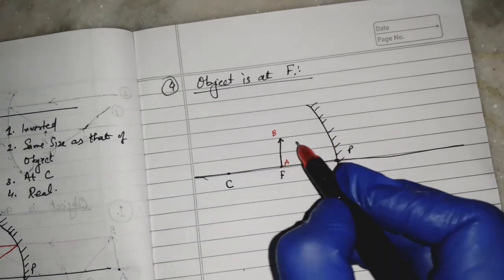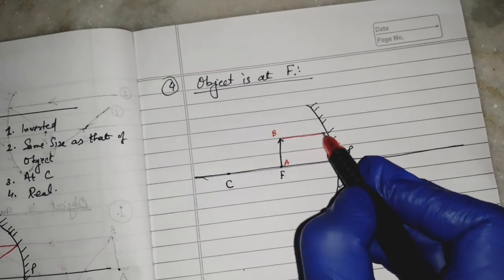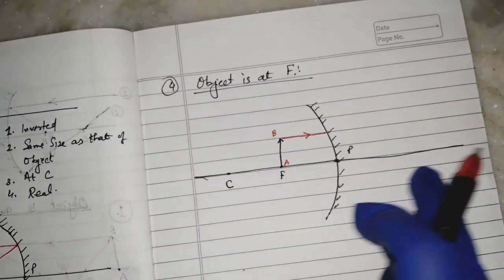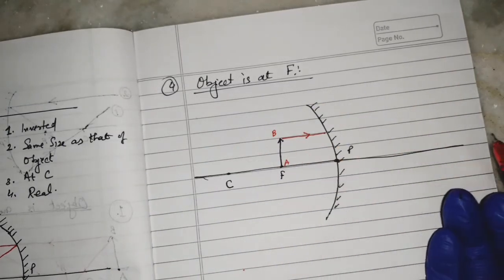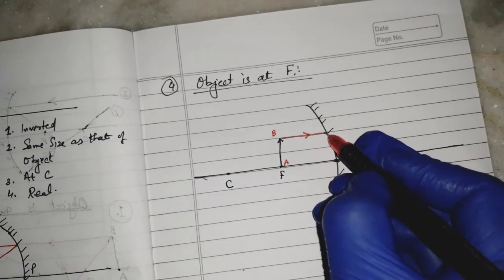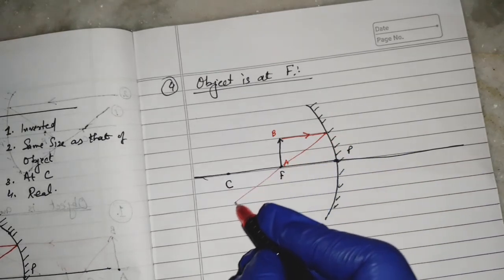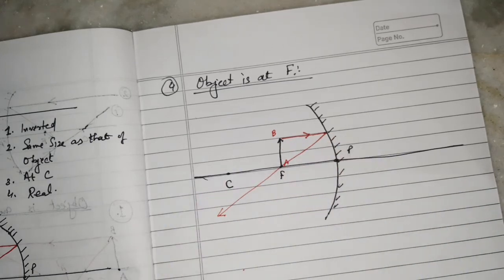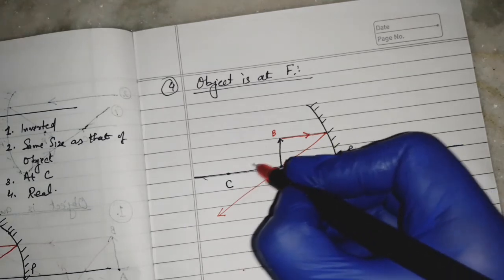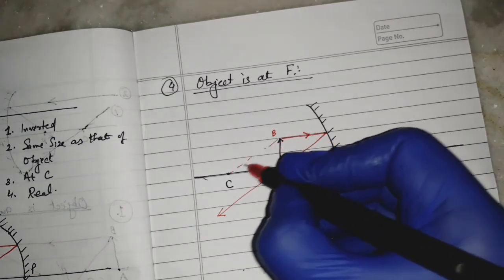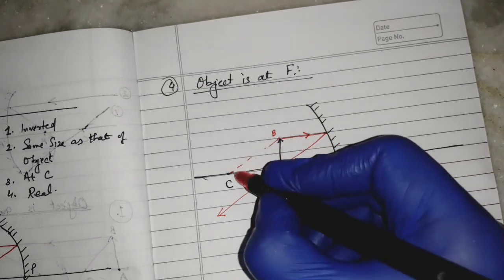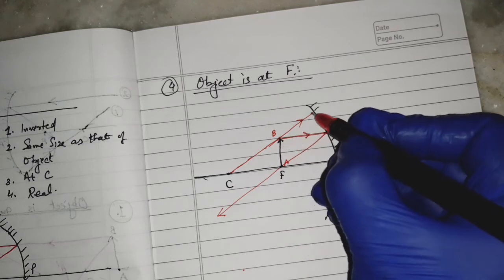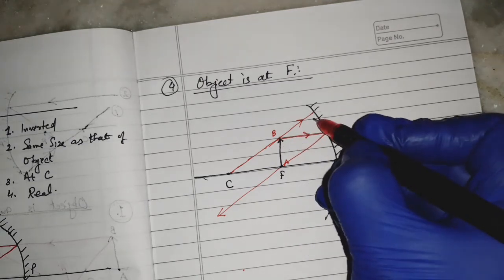I am going to draw a ray going towards the mirror parallel to the principal axis. It will go towards F. So this is the reflected ray from B. Now one more ray: this is the ray coming from B to the mirror.